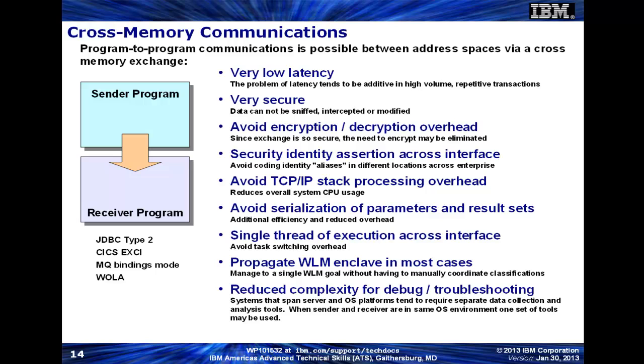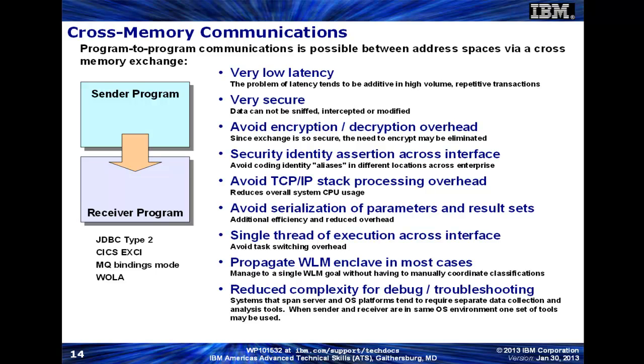When cross-memory communications occur, there is no invocation of the TCP/IP stack at all. Typical examples of cross-memory communication include JDBC Type 2 between WAS zOS and DB2 on zOS, CICS EXCI between WAS zOS and CICS, MQ bindings mode between WAS zOS and the MQ manager, and WOLA, which is a function of WAS zOS that we'll cover in more detail later.